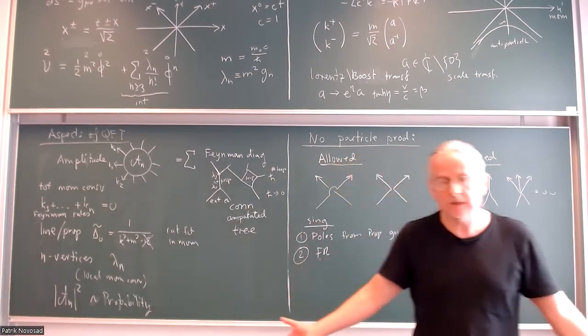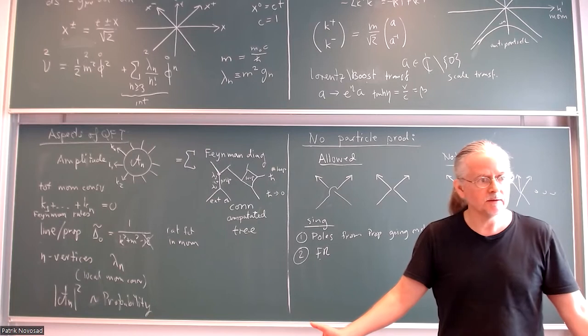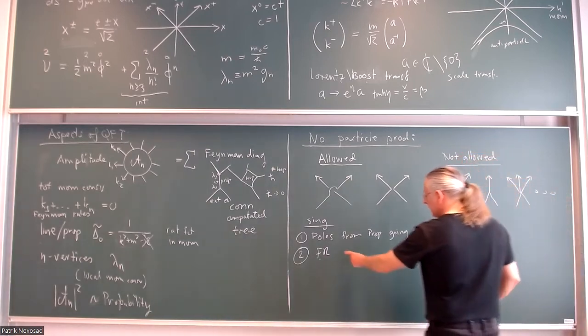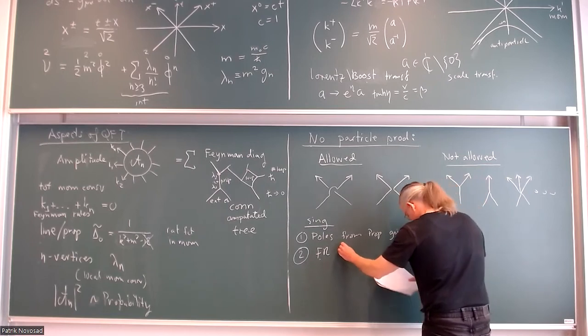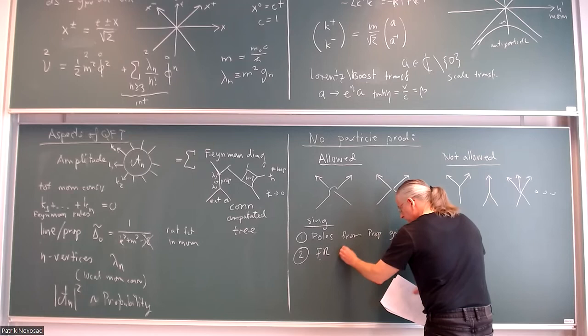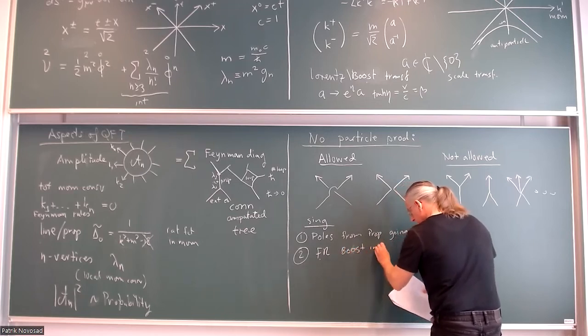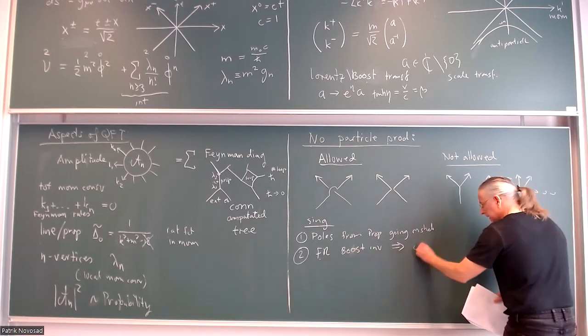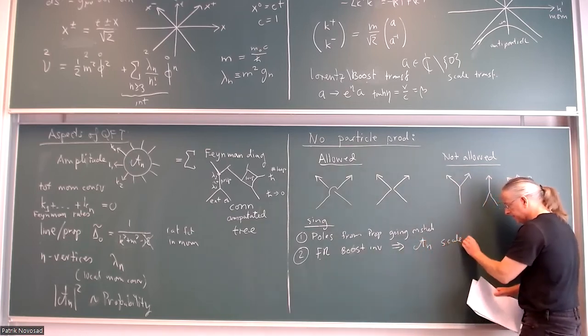And Lorentz invariance means boost invariance, and boost invariance means scale invariance. So the Feynman rules are scale invariant, or boost invariant. So that means that this amplitude is scale invariant.